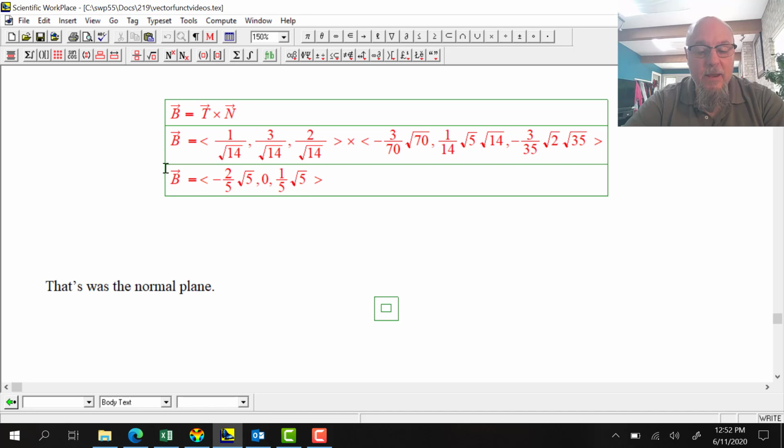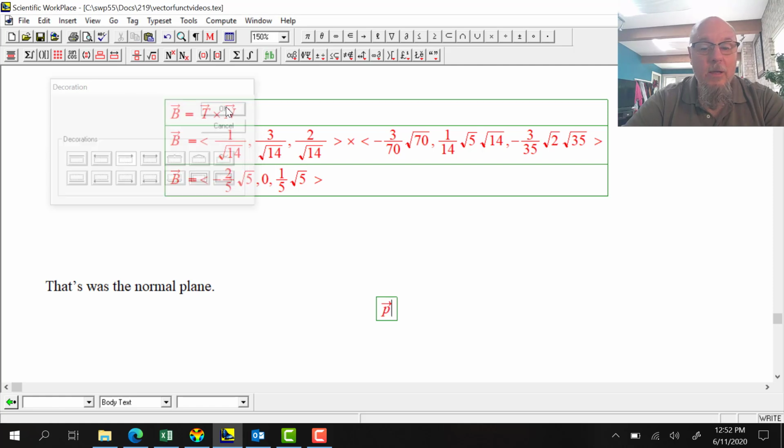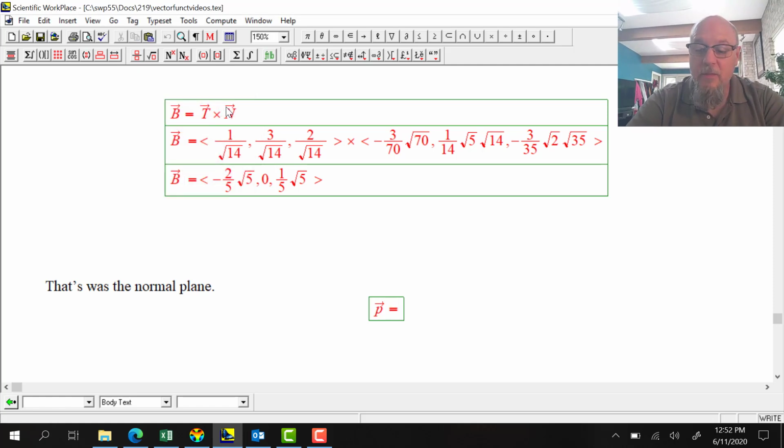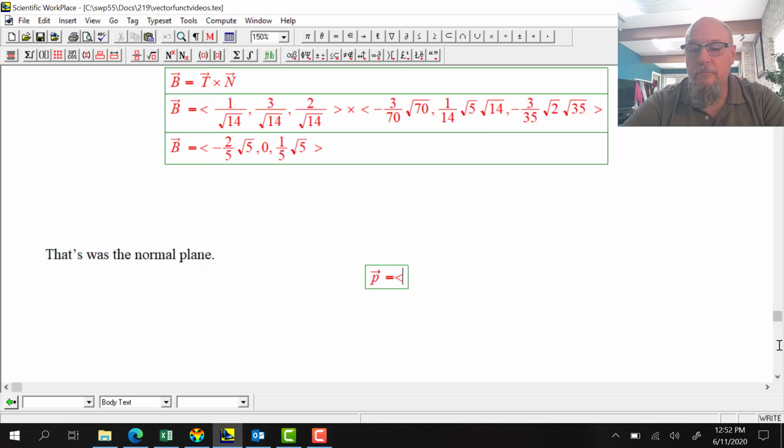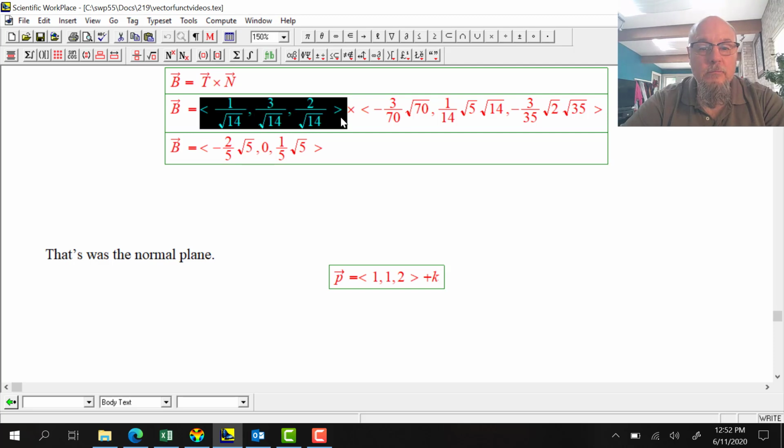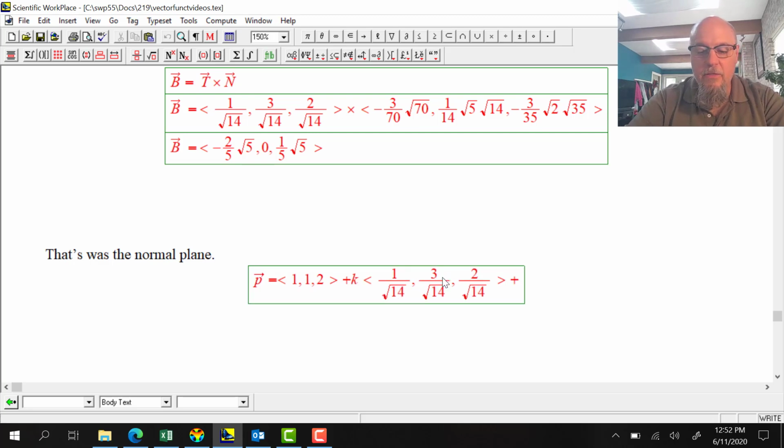Let's write our normal plane then as, so p for plane vector, that's going to equal to a point, and the point we were at was 1, 1, 2. Plus, now it's a plane, so two-dimensional, so k times one vector, let's say the t vector, plus, I need another letter, h, times the b vector.